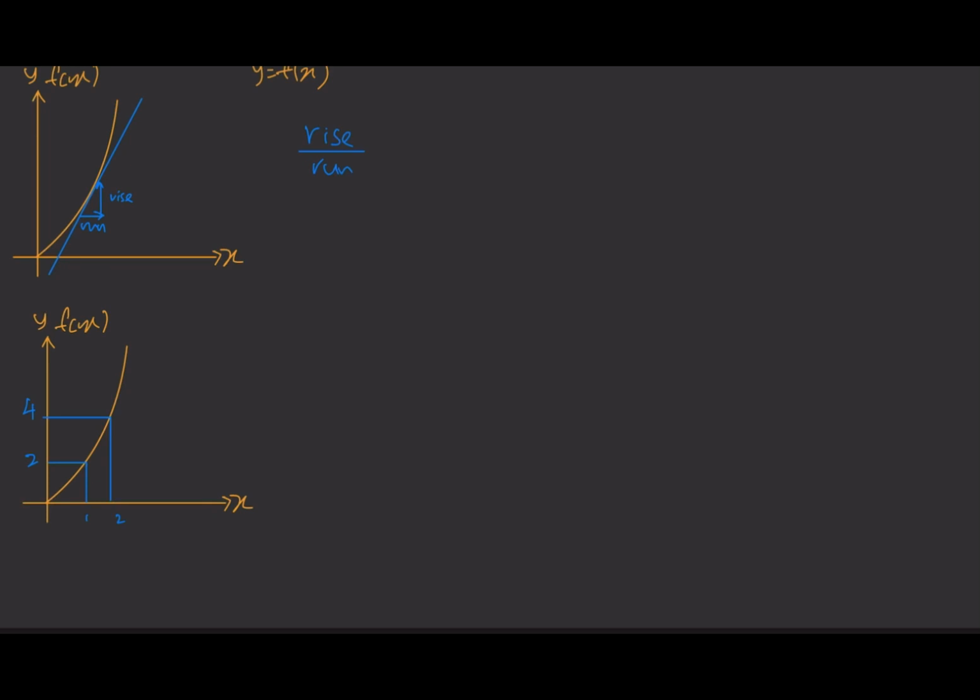Rise over run: y2 minus y1 divided by x2 minus x1 equals 4 minus 2 divided by 2 minus 1, which equals 2 divided by 1, equals 2, and this will be your slope, right? Now, shouldn't this be sufficient?